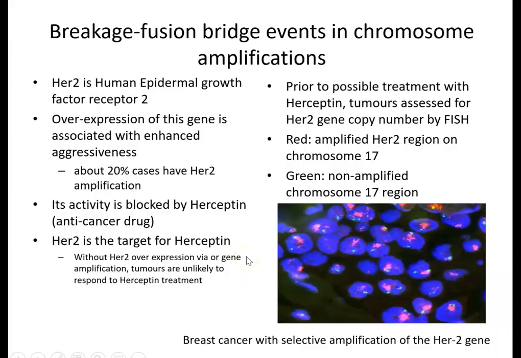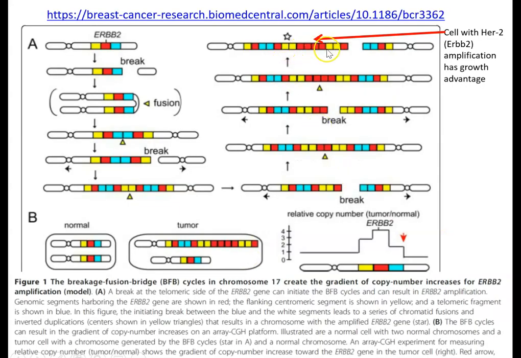However, the phenomenon behind it could be down to breakage-fusion bridge events, where you get breaks and then fusion of chromosomes and then breaking again, and basically this duplicated DNA at this event here can then become copied and copied and copied again, and you end up with an increased gene copy number of the ERB2 gene.